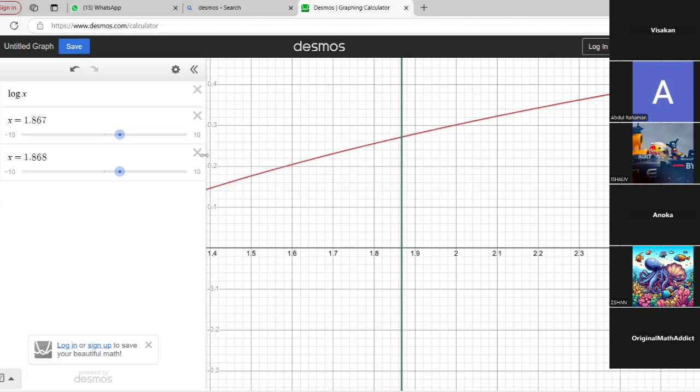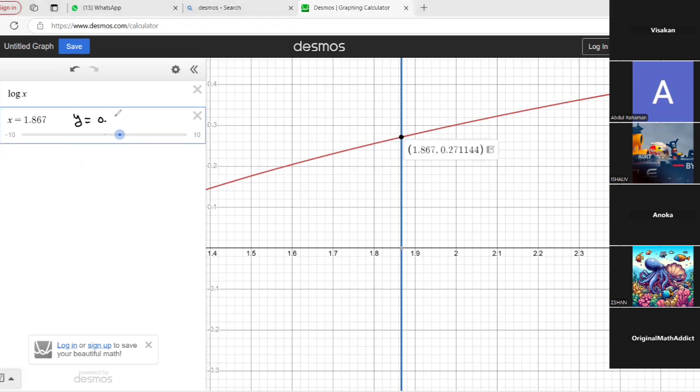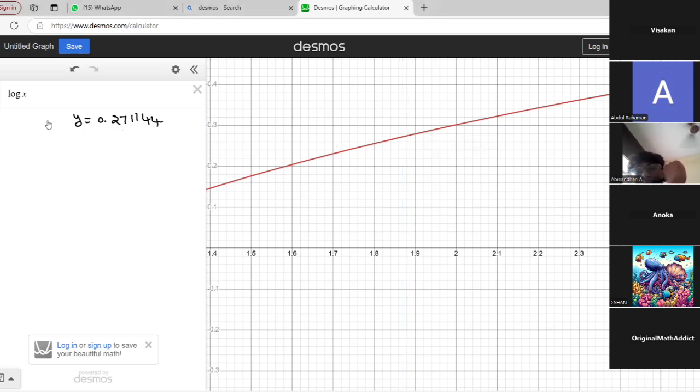So what I'll do is note down the values. For 1.867, what is the y value we achieved? 0.271. Okay. Now let me also take x equal to 1.868.